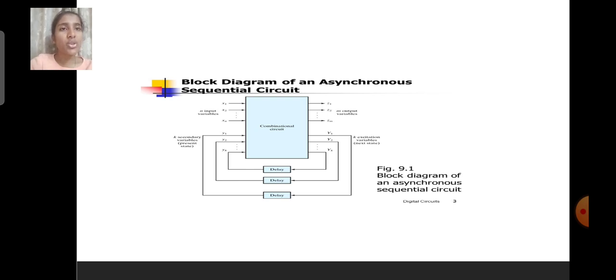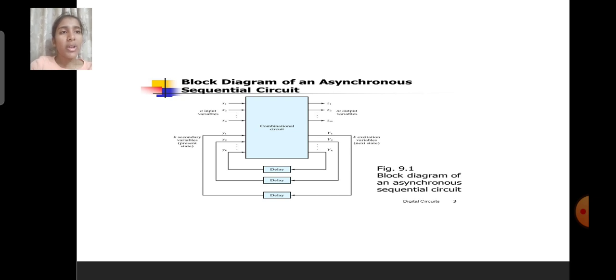Here it consists of n input variables and m output variables. The number of input variables should always be equal to the number of output variables, and it also consists of k secondary variables, present state, k excitation variables, next state.